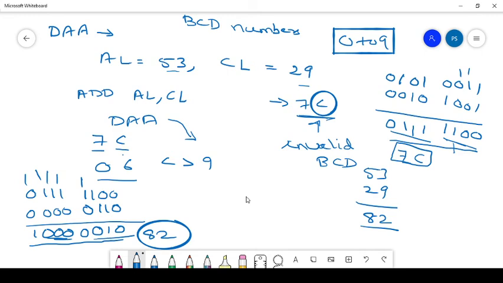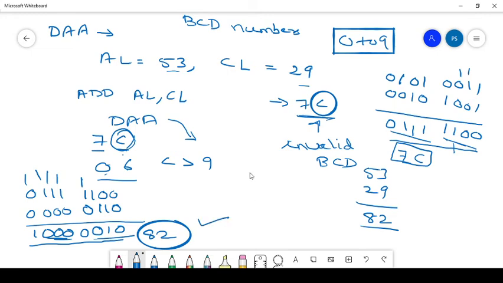So simply, whenever you get an addition result which is not valid, that is, the lower nibble or upper nibble contains a value more than 9, that is an invalid number. If the lower nibble is more than 9, that result will be added with 06, and then it is a valid BCD number.